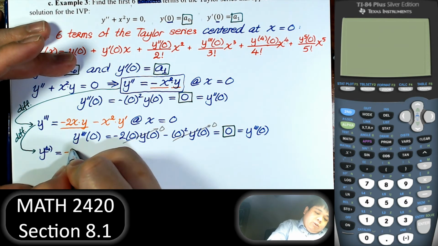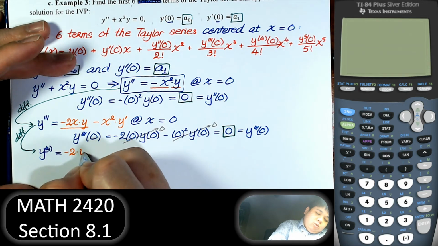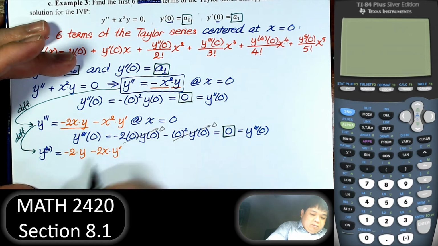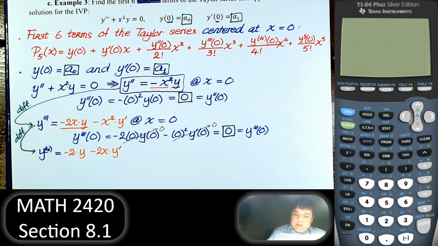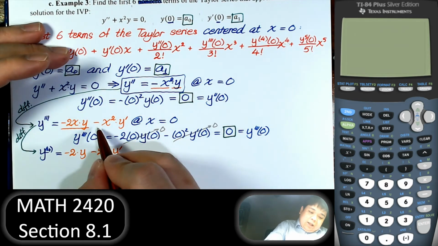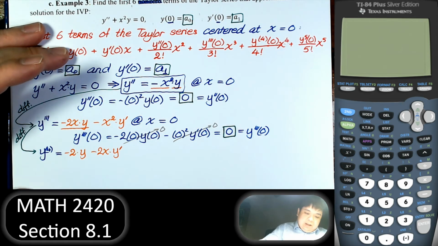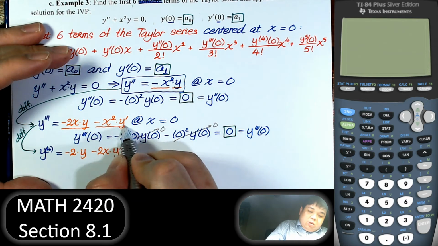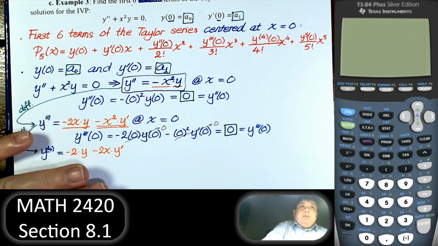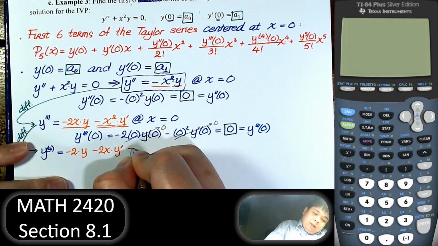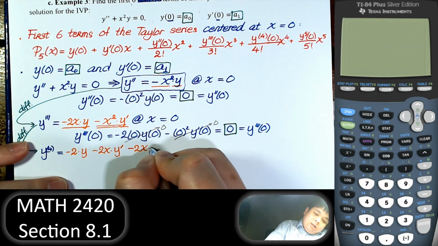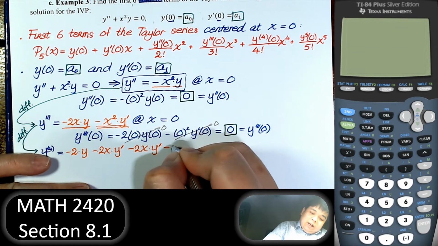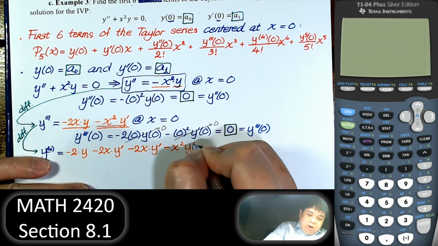It gives us negative 2 times y minus 2x times y prime. And then this is also a product rule, negative 2x y prime and then negative x squared y double prime.